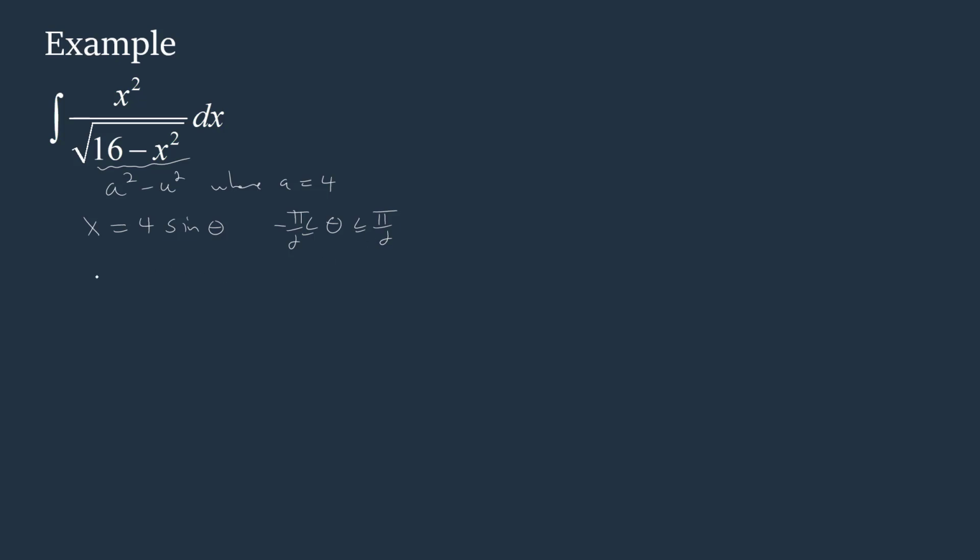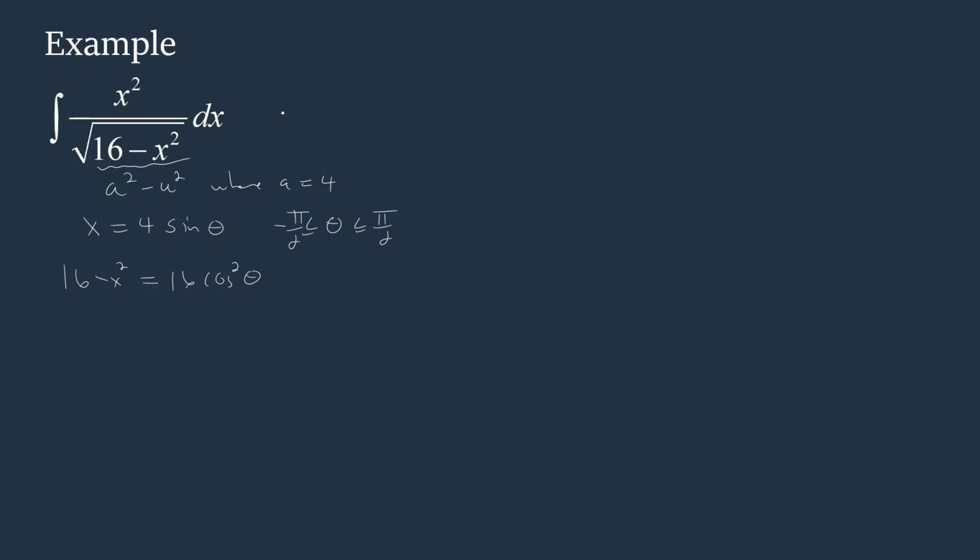Also along the way, I'm going to need at some point what is 16 minus x squared. So I might as well just figure that out now. You might notice though that the result would be 16 times cosine squared of theta.